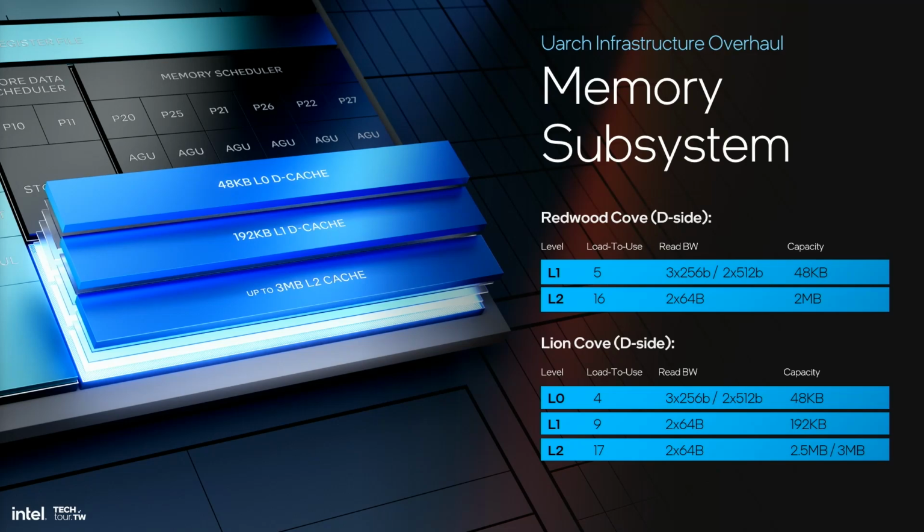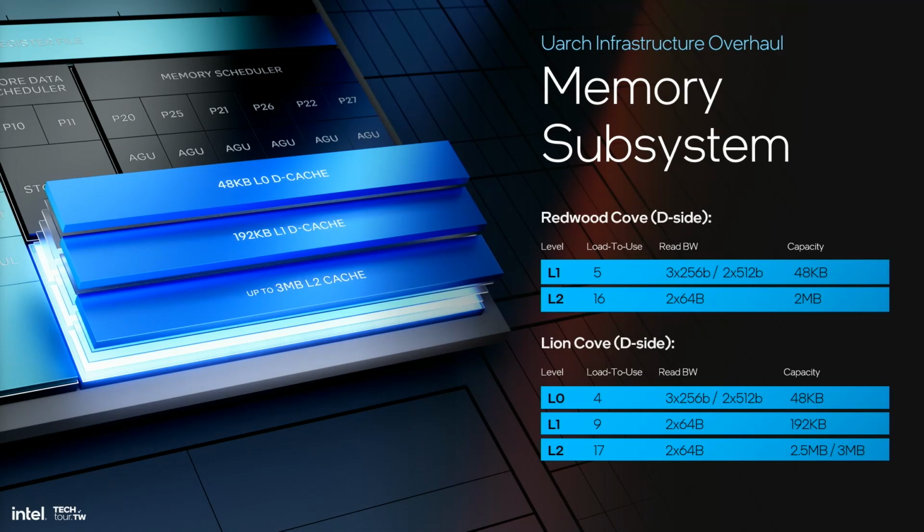The first level data cache was completely redesigned to allow full operation at 4 cycles latency versus 5 cycles previously. Lion Cove introduces a new 3-level cache hierarchy by inserting an intermediate 192 kilobyte cache between the first and second level caches. This has 2 key benefits.